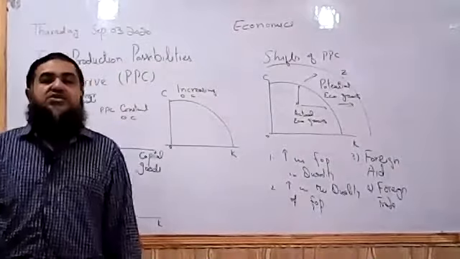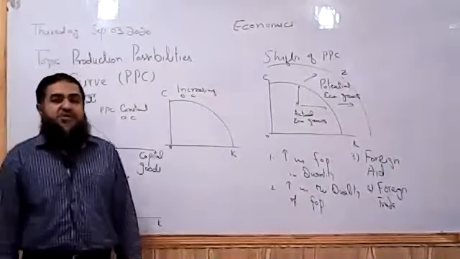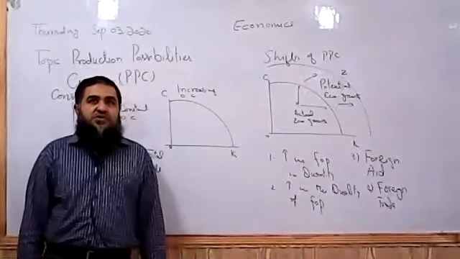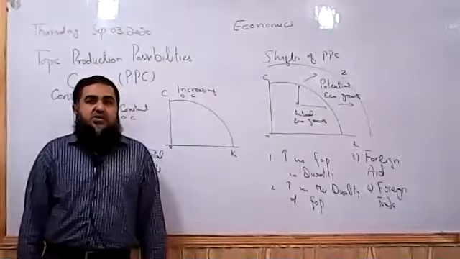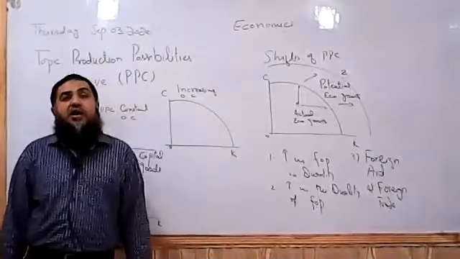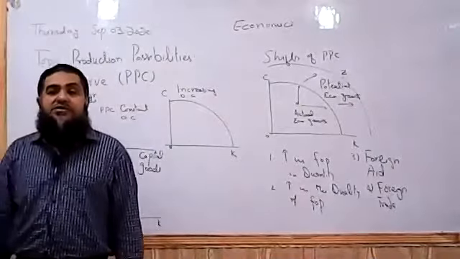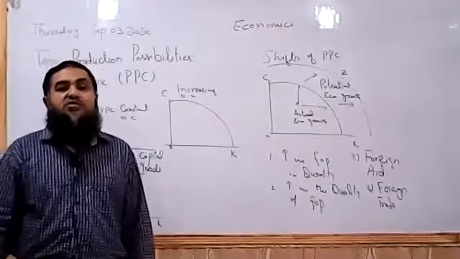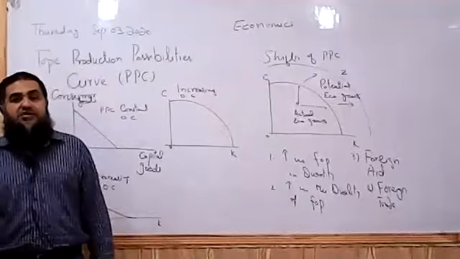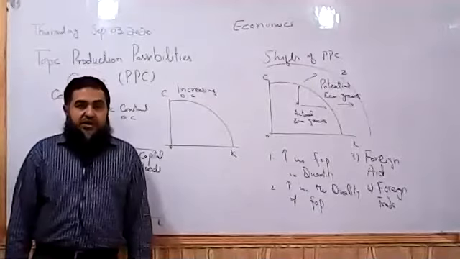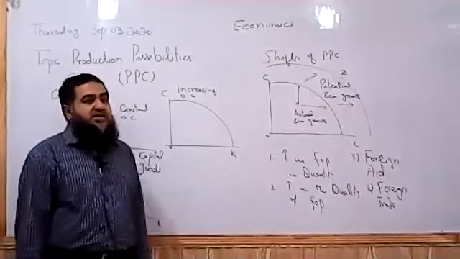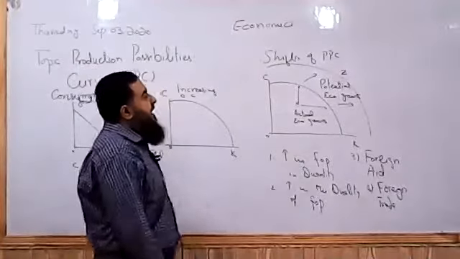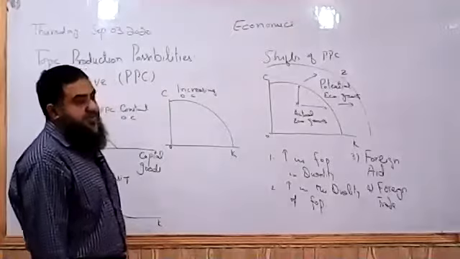Now we are consuming and producing beyond our PPC because we are buying those goods which are not produced over here in our country, so they could be imported. And when foreigners are buying our goods, our country will be able to get more foreign exchange, more foreign resources will be added to our economy. So when more capital is available, then potential will increase and the country's PPC will again be shifting rightward.